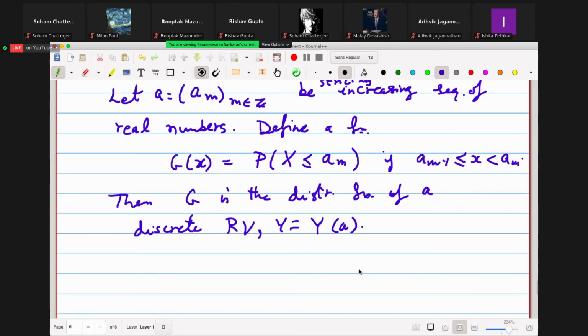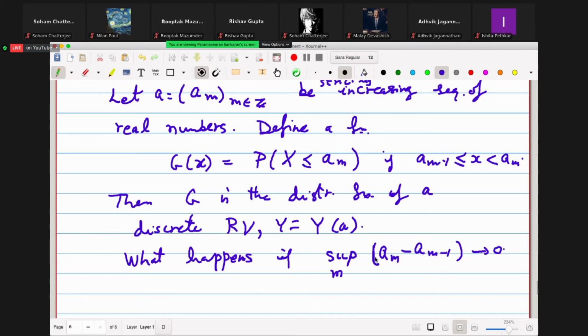Now the problem is what happens if the supremum of these distances goes to 0. I mean, the a_m are a certain discrete set of numbers, some countable set of numbers. I want these successive distances, a_m minus a_{m-1}, to go to 0.